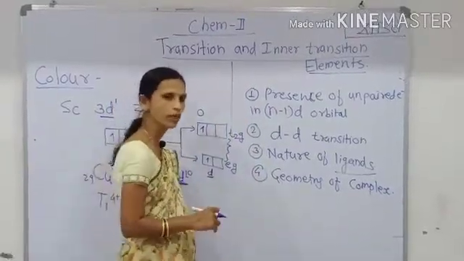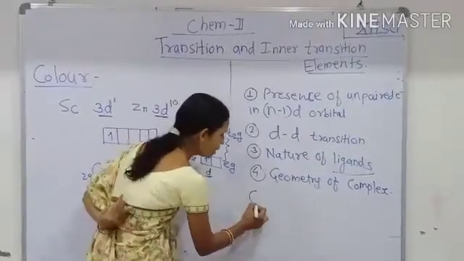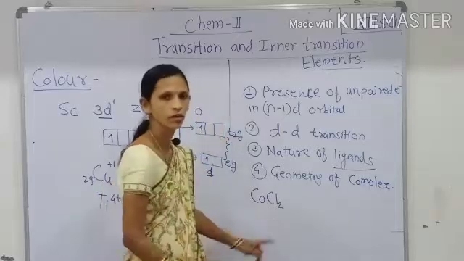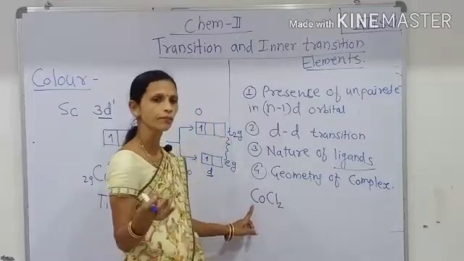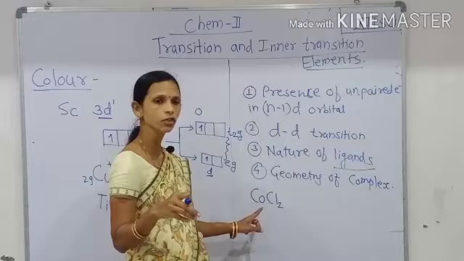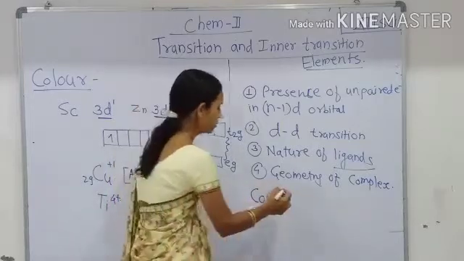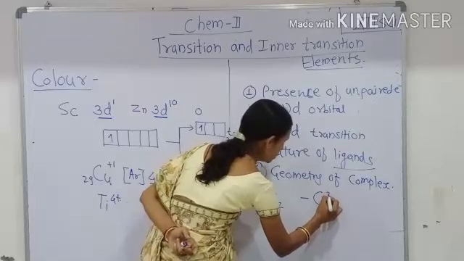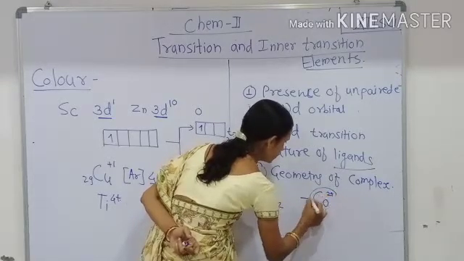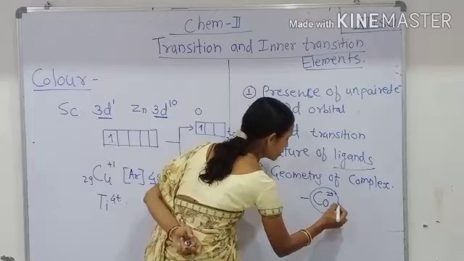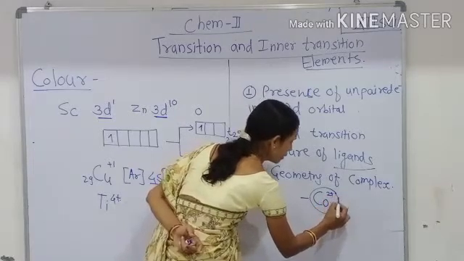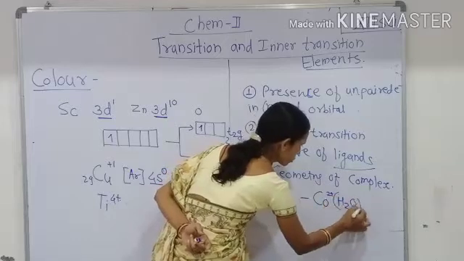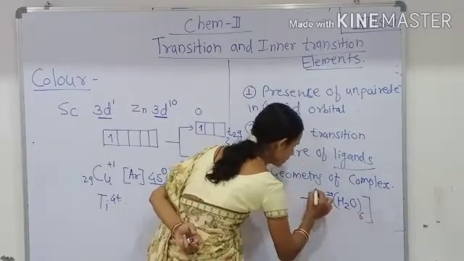Taking one example, suppose cobalt chloride, when it is dissolved in water, forms a complex with the Co2+ ion surrounded by 6 water molecules. The 6 water molecules are nothing but ligands.